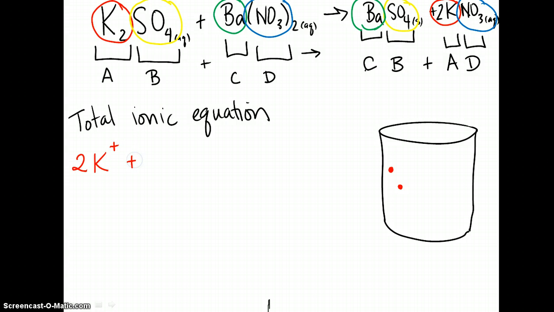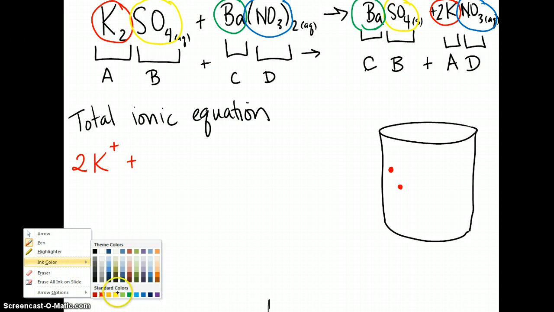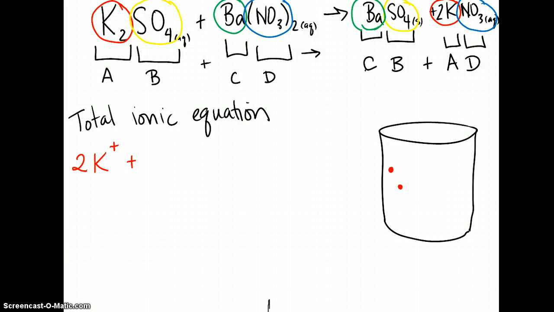And in addition, let's do then our sulfates. It looks like I only have 1 sulfate, so I'm going to just draw 1 yellow dot. And sulfate is SO4 with a -2 charge. And I know that by looking at the polyatomic chart.